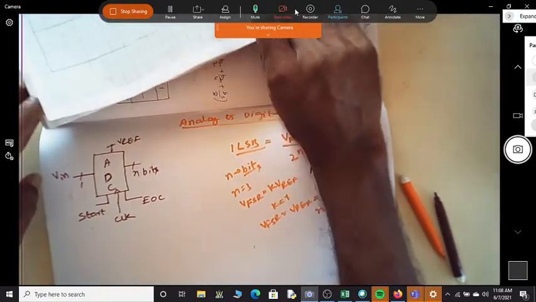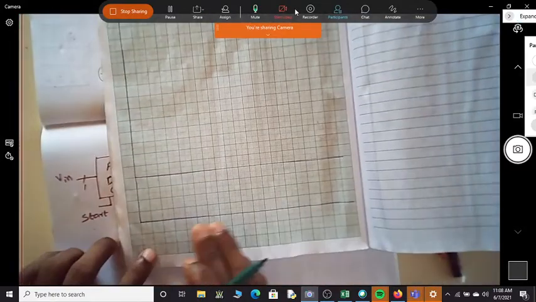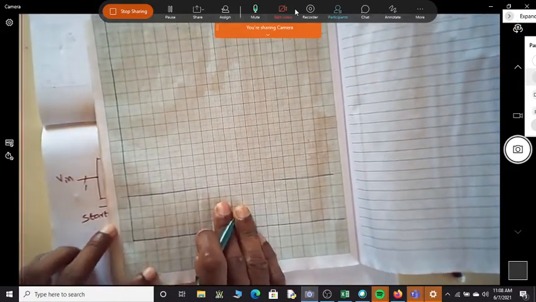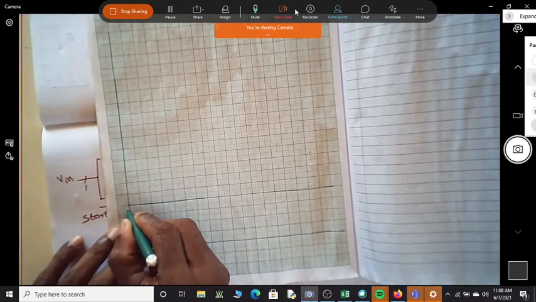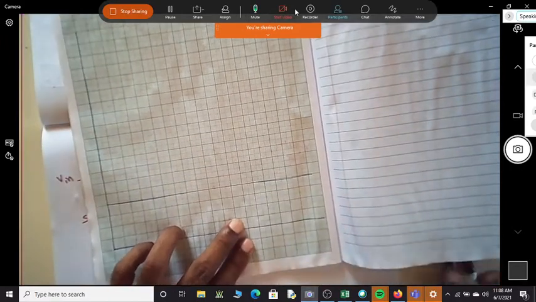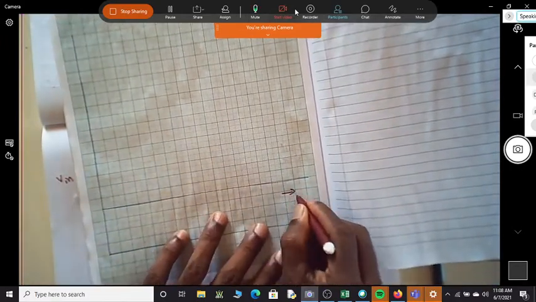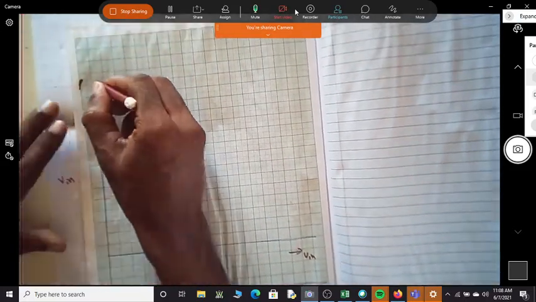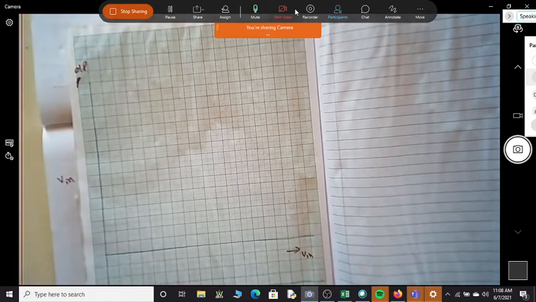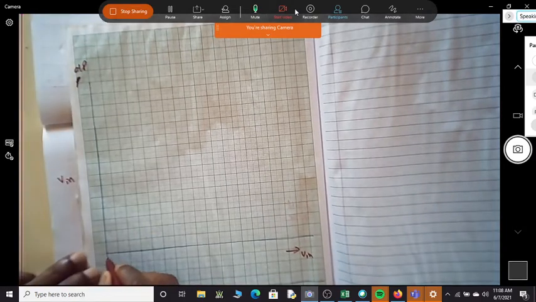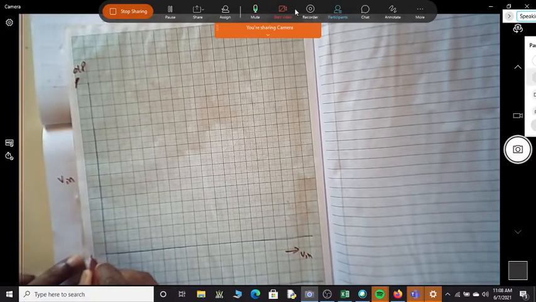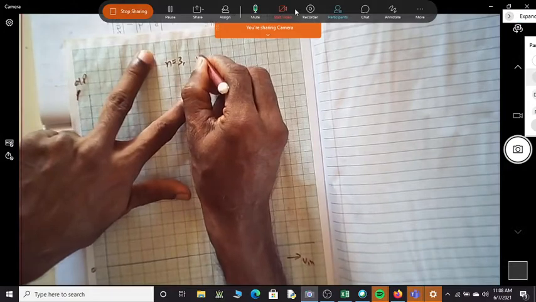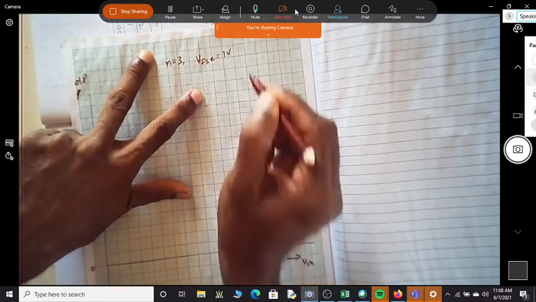Assume that I have the representation of the transfer characteristics of an ADC. On the x-axis we'll always have the input voltage, and on the y-axis it is the output bits. Now, the possible codes, if you consider n equal to 3, are 8, with VFSR equal to 1 volt.